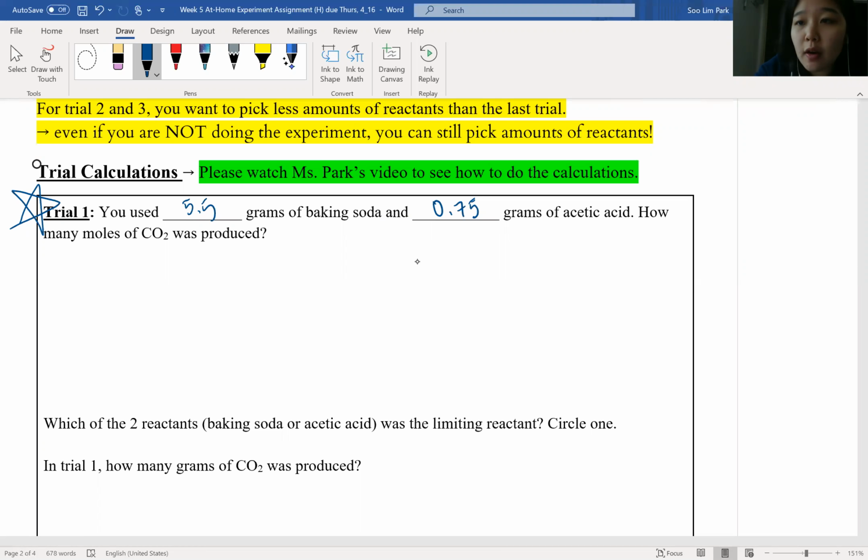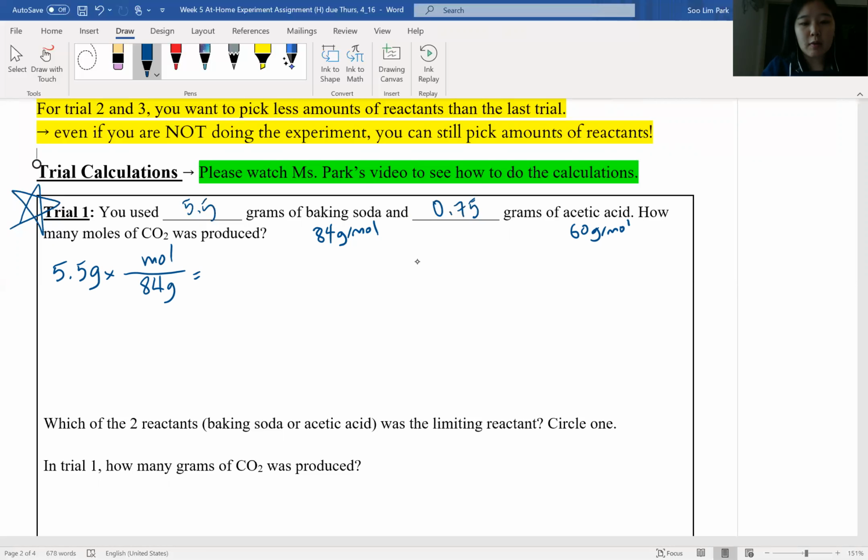Remember, we solved for the molar mass of baking soda yesterday or the day before in our pre-experiment assignment. Baking soda is 84 grams per mole. Acetic acid is 60 grams per mole. So I'm just going to take a note of that. Now I'm going to start my calculation. I'm going to divide my 5.5 grams by 84 grams per mole to get the moles of baking soda.